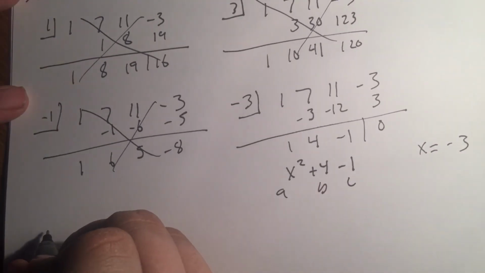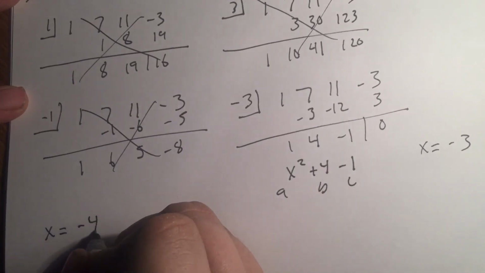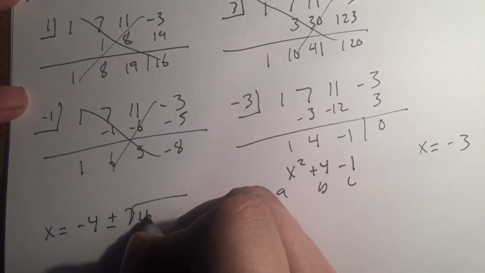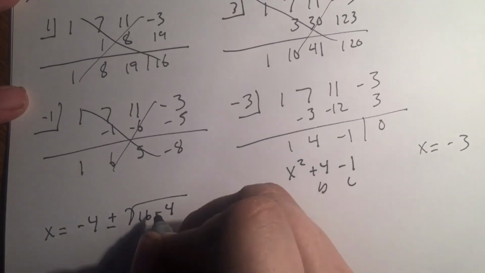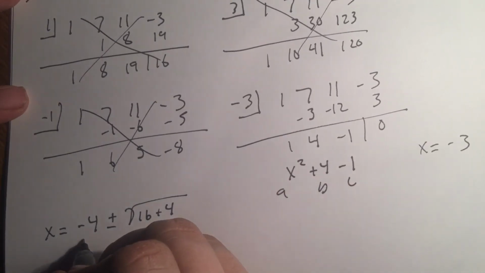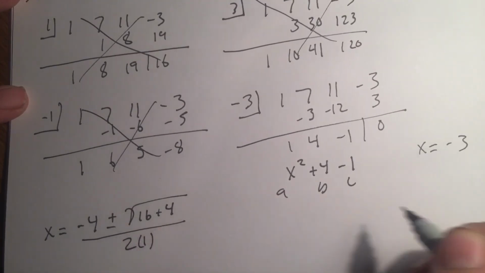So the quadratic formula would be x equals -b, so -4 plus or minus the square root of 4 squared, 16, minus 4 times 1 times -1, which would be a plus 4, over 2 times 1.